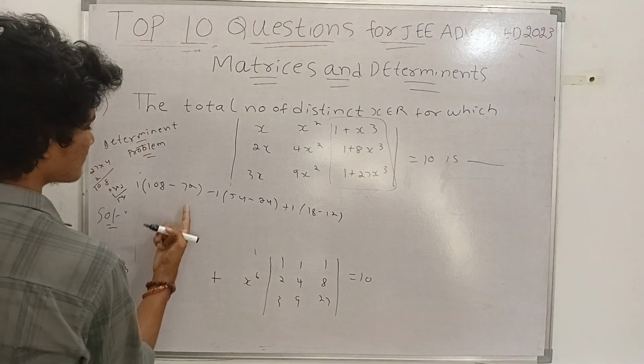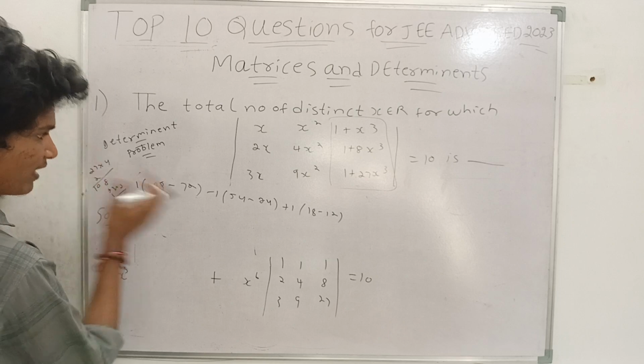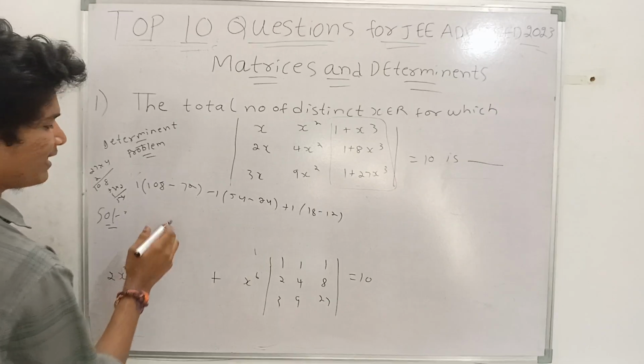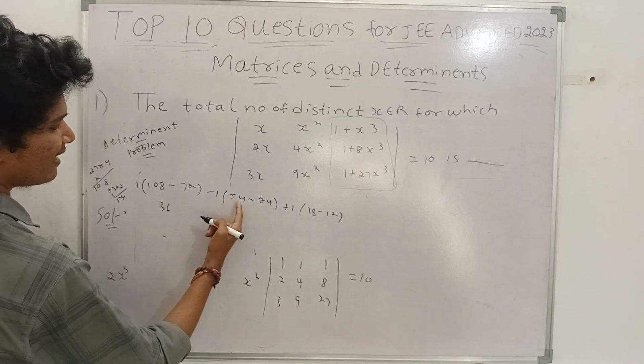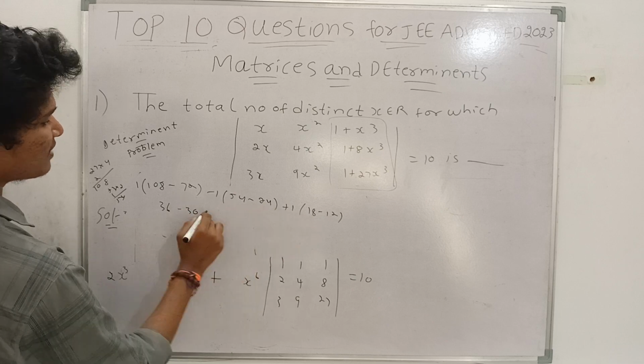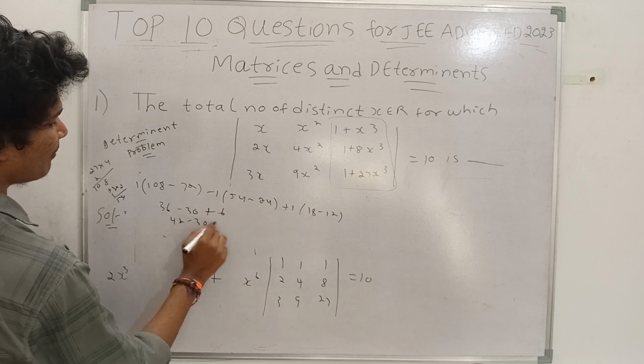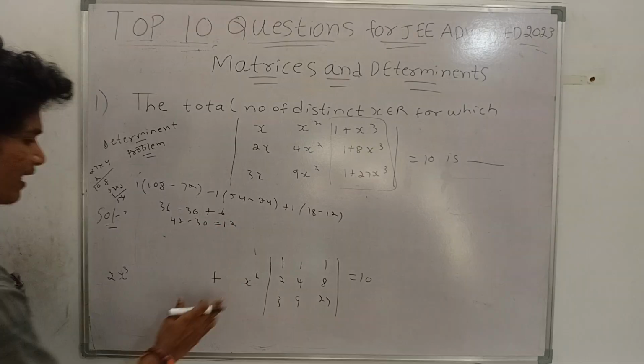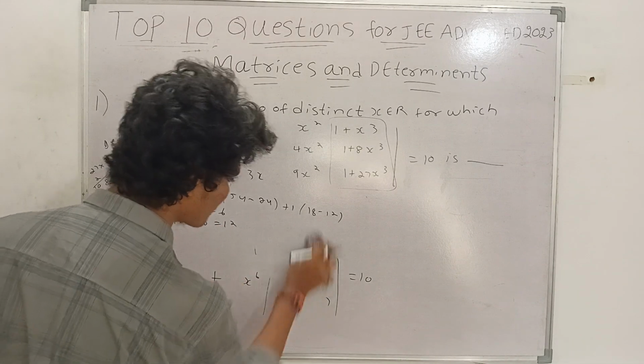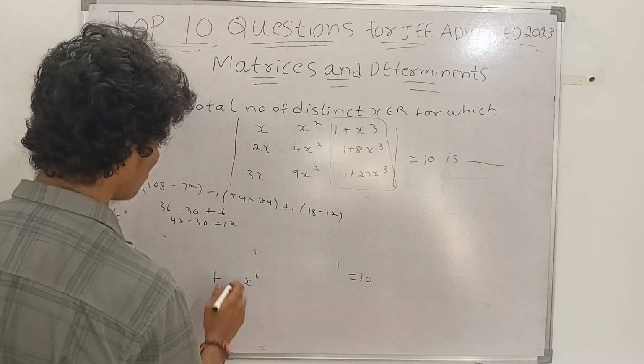So approximately 28 plus 8, it is 36, minus 30, plus 6. So total it will be 42 minus 30, that is 12. So finally here it is 12. Complete, we can rub this and replace it with 12.